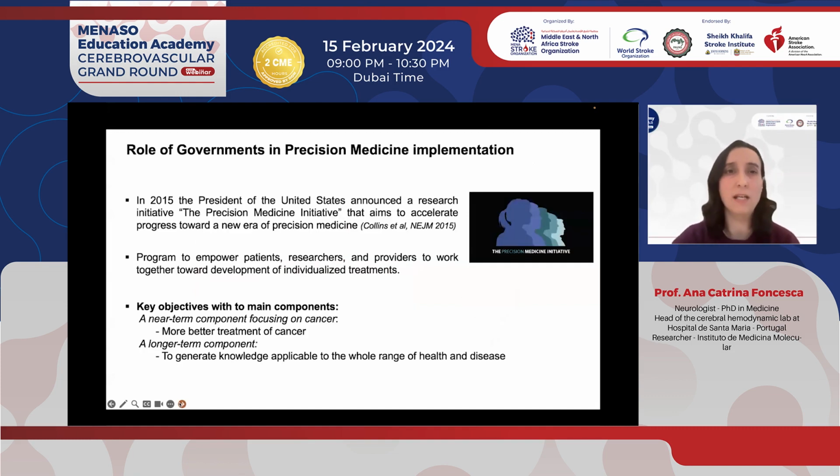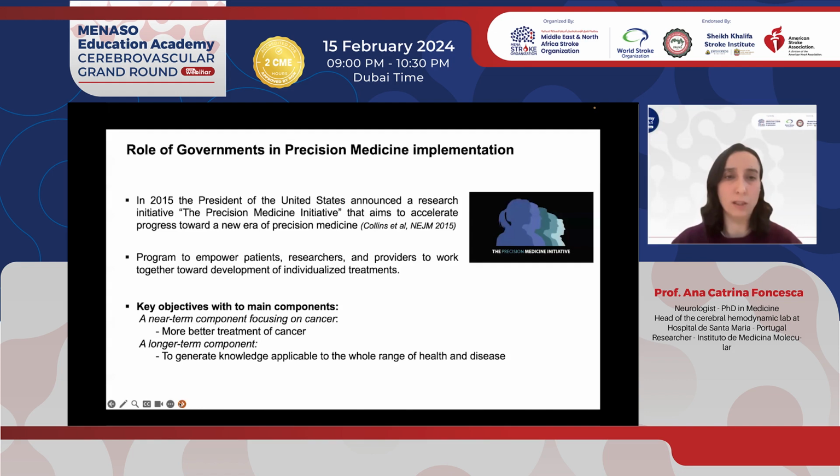And this is something that governments also want to employ, and want to empower patients and researchers to use. Actually, in 2015, the President of the United States at the time started the Precision Medicine Initiative. This approach started to be used in cancer because, if you think about it, it was simpler and easier to use in this field of knowledge.